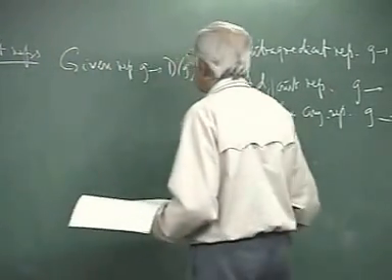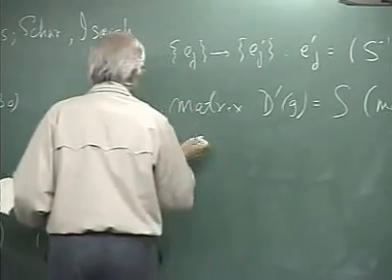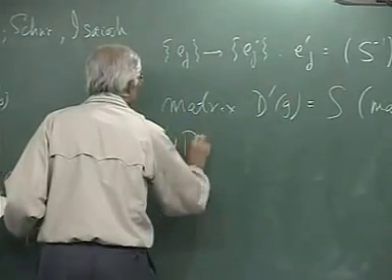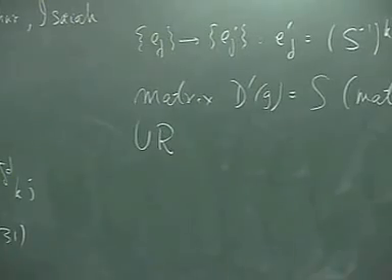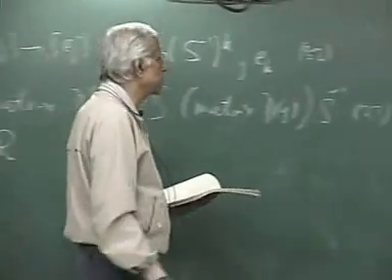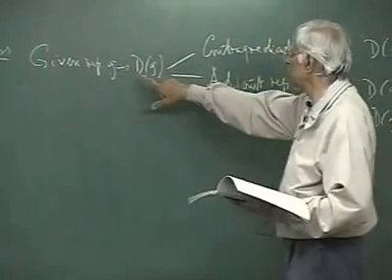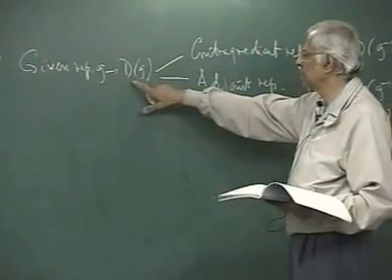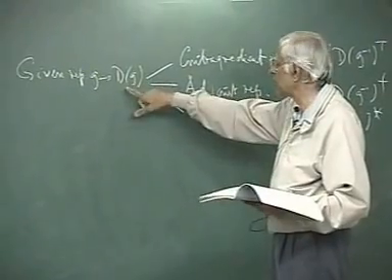Let me introduce a small notation which we will use all the time. A representation which is unitary is often called a UR, unitary representation. Now, suppose the representation which you started from is unitary. What does it mean? D dagger D is 1.